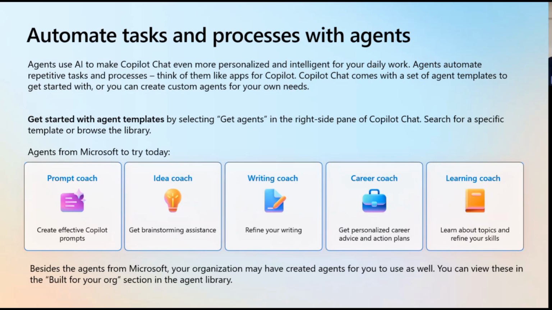All right, so agents are personalized and intelligent for your daily work. So they automate functions that are repetitive. For example, when you have new employees coming to an organization, there is an onboarding process.